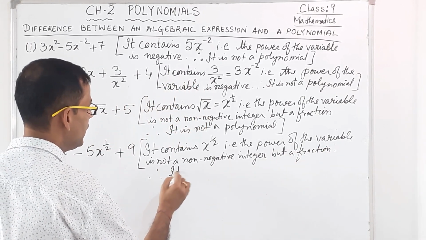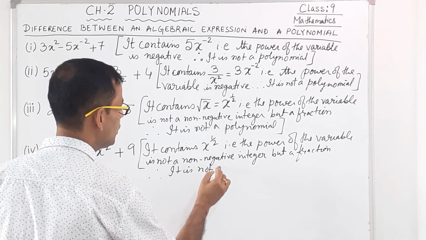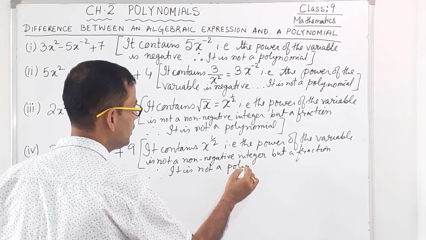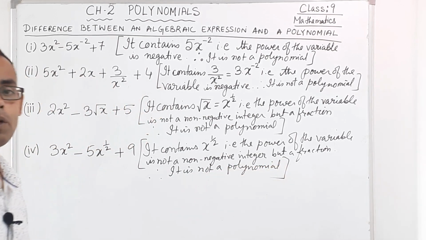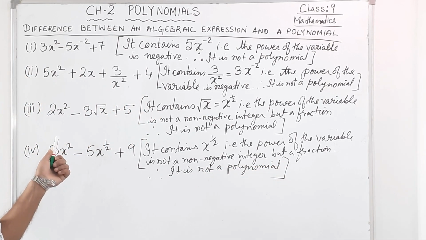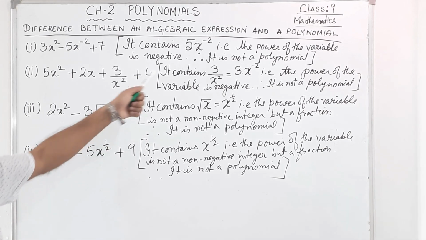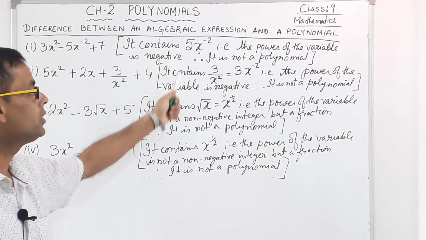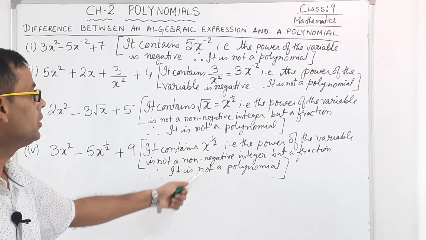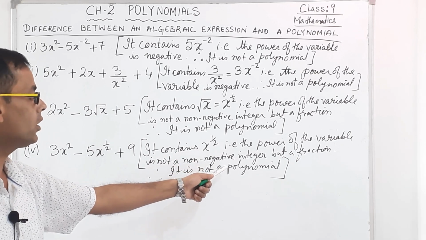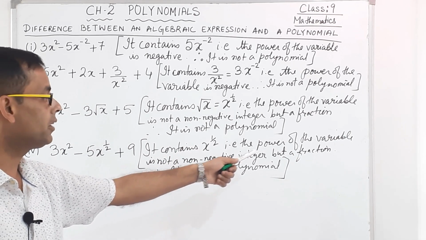Therefore, it is not a polynomial. Clear? So why are they not polynomials? They are algebraic expressions, but they are not polynomials. The reason: here the power is negative, here also negative, here a non-negative integer is missing, it is a fraction. Here also the same thing. It is not a non-negative integer but a fraction.